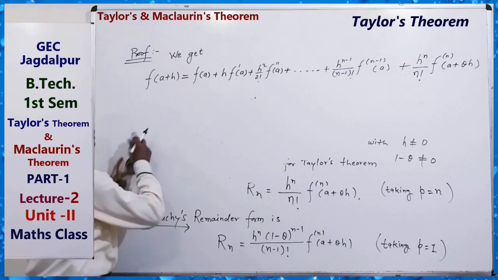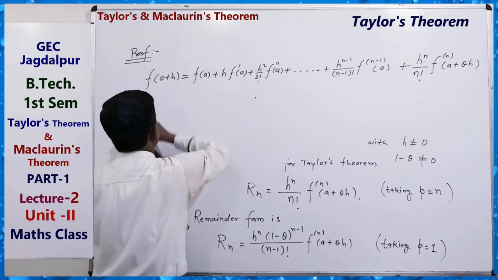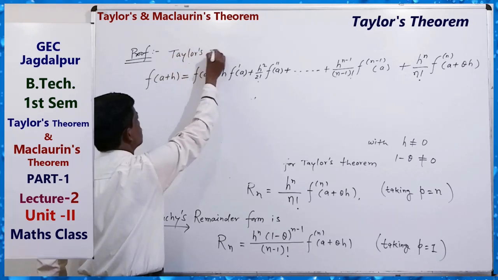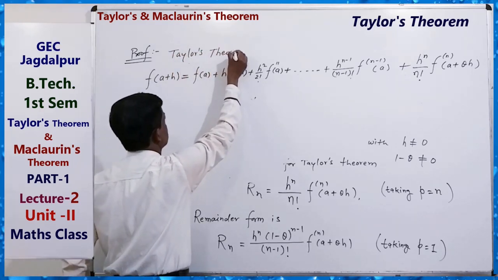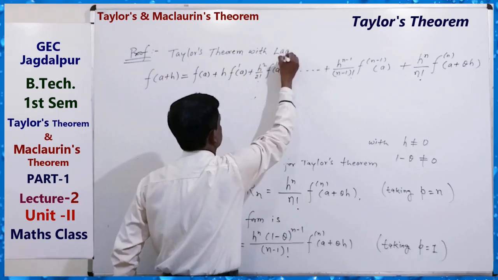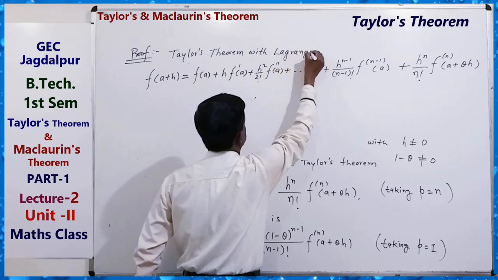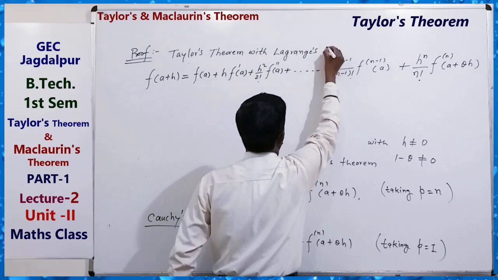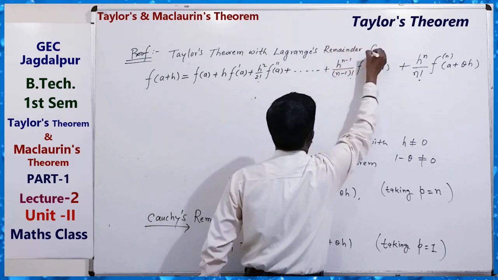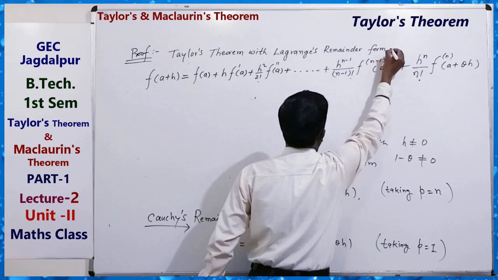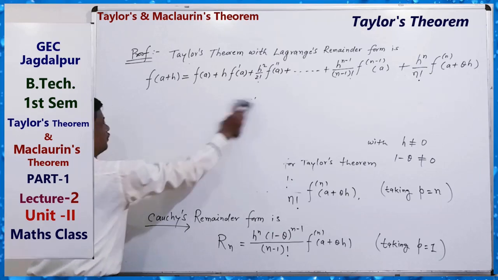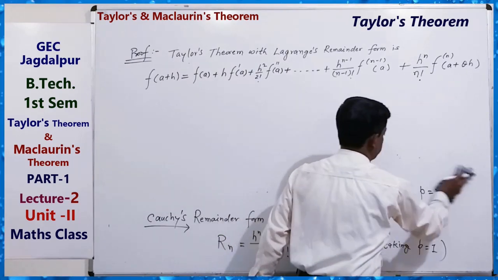So this is Taylor's theorem with Lagrange's remainder form. So this is our Taylor's theorem.